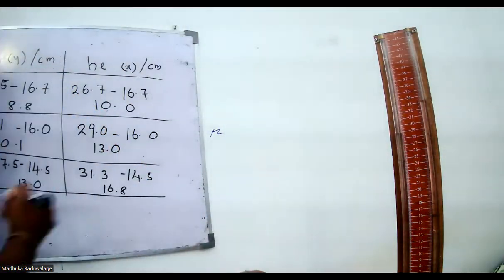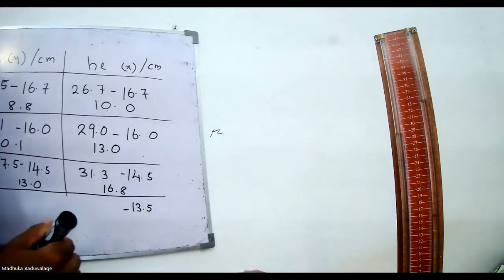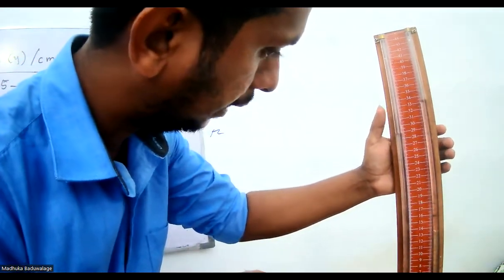The upper meniscus position of the kerosene oil column is 33 now.